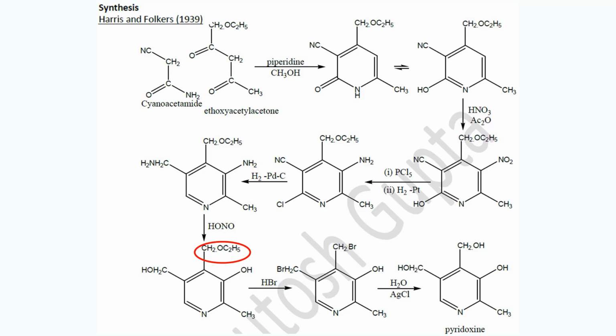It is then treated with HBr, and so the ether gets hydrolyzed to CH2Br, and CH2OH is converted such that it becomes CH2Br. This, when treated with water and AgCl, gives the formation of pyridoxine.